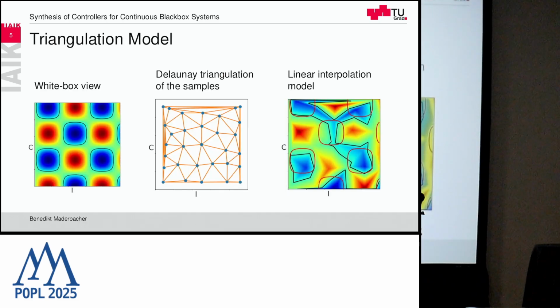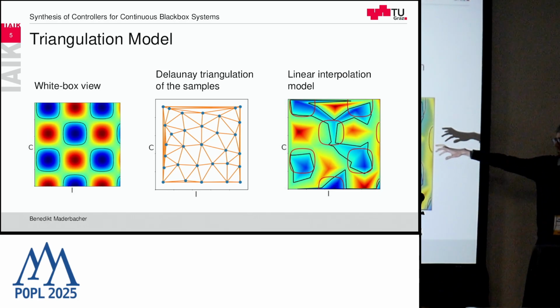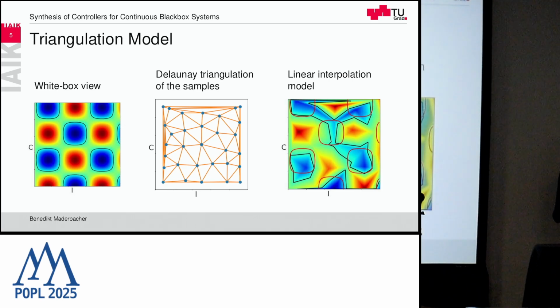So what is the model that we're going to use? We're going to use Delaunay triangulations, which are really nice because they can give us linear interpolations. Here on the very left you see the white box view of the system, which we don't actually have, but it's nice for illustrative purposes. So this is a simple example.